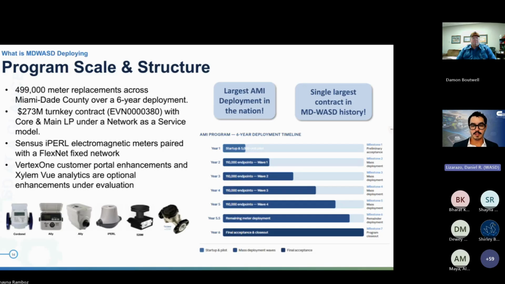And then years 2 through 5 are, fingers crossed, on cruise control, right? We're working on mass deployment installs. We're confident in how the system is integrated and set up, and hopefully it becomes monotonous after that. And then that 6th year is our final acceptance and closeout phase. Next slide.